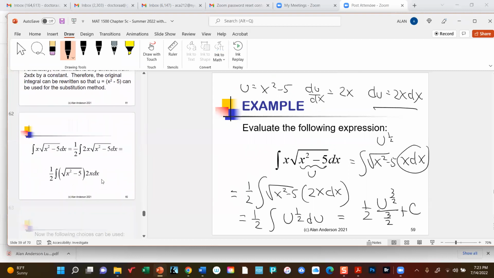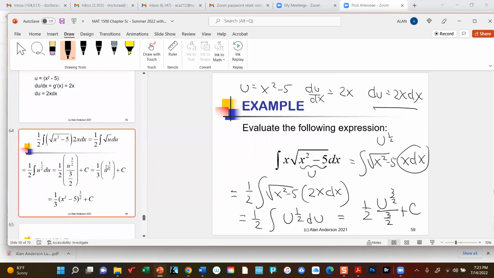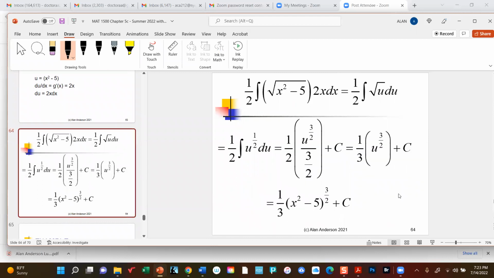So you end up with this is where we left off. And so in other words, remember, dividing by 3/2 is the same as multiplying by 2/3. So we would have had, oh, wait a minute. No, I did something wrong.